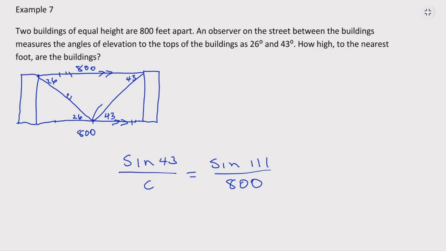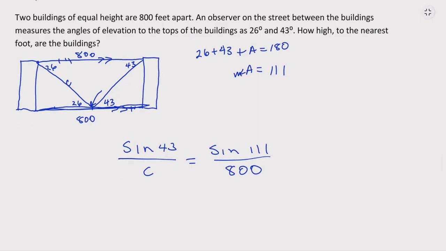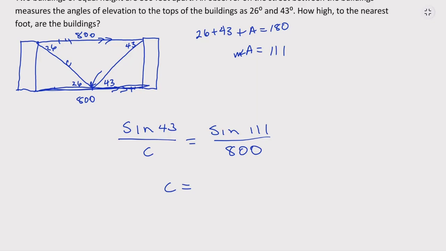So this angle right here, because this is a straight line, it's a straight angle, so 26 plus 43 plus this angle, we'll just call it angle A, it's going to equal 180. So the measure of angle A is 111. And that's where I got that from. Okay, so do cross product again, and you're going to get side C is 584 feet.